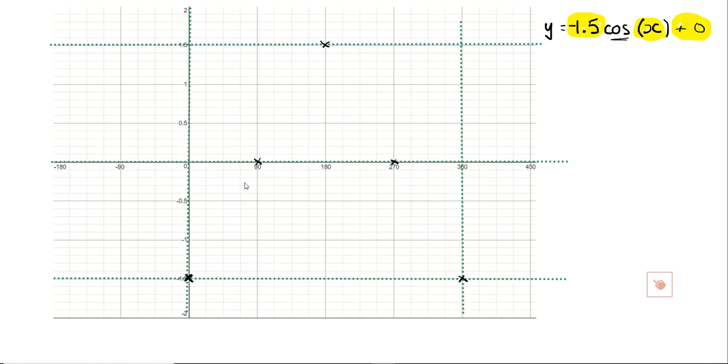Now, when I'm sketching a curve, the idea is to get a reasonable shape. It's hard for me on here, easier for you on paper, but this is just a sketch. These points are vital that you get right, because they're easy. If your curve does not go through exactly those points, you will lose marks, okay?